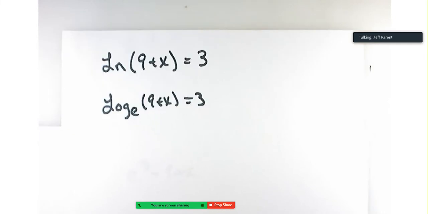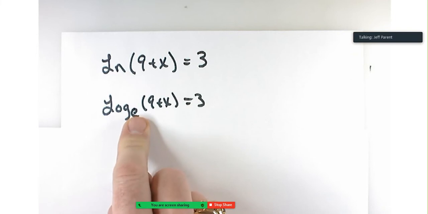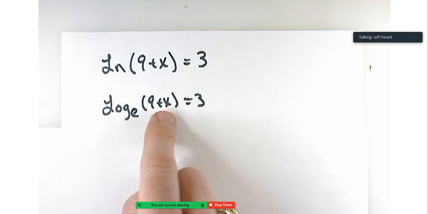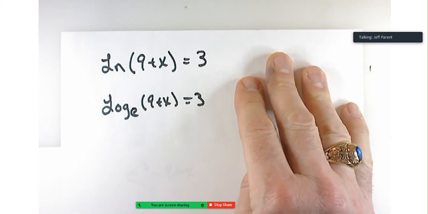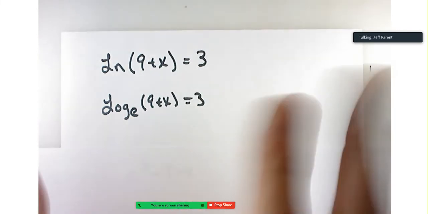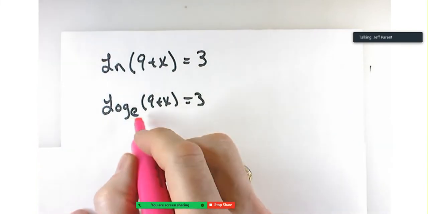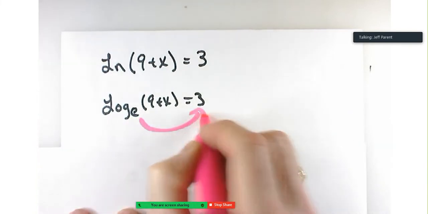Couple more. This is a different type of log equation. If you're given this, I'd probably start by rewriting it as log base e of 9 plus x equals 3. Because I don't have logs on both sides, I'm going to approach this differently. Instead of saying log of something equals log of something else, I can rewrite this equivalently using exponents.